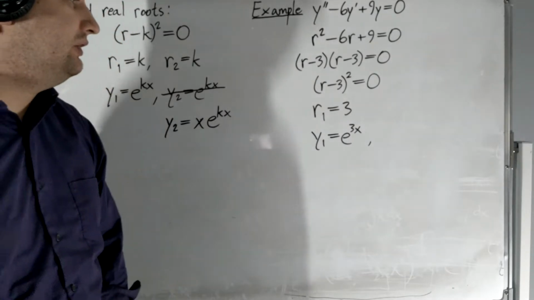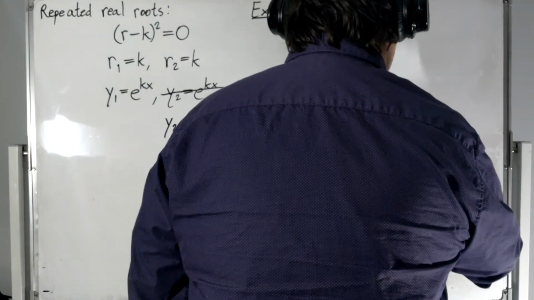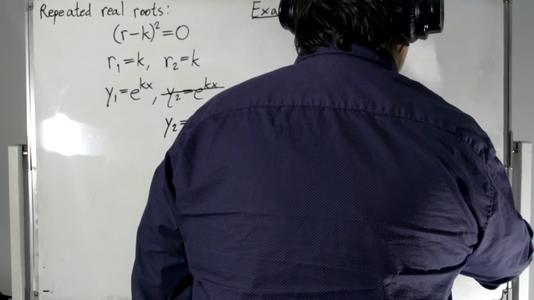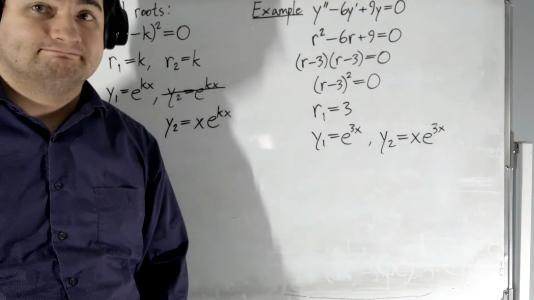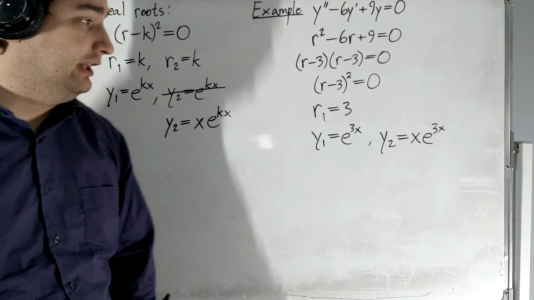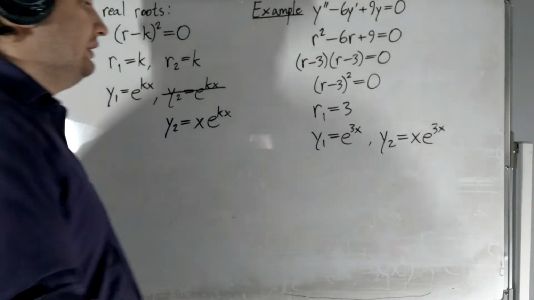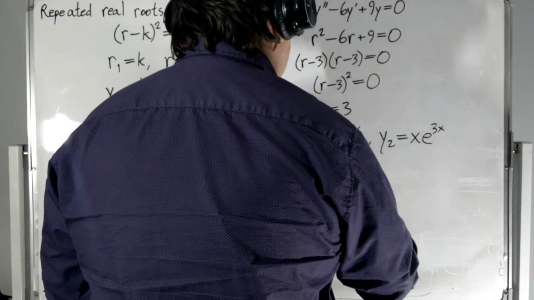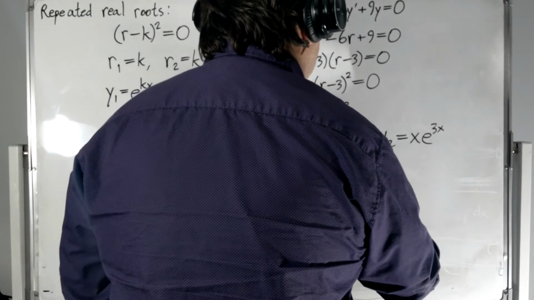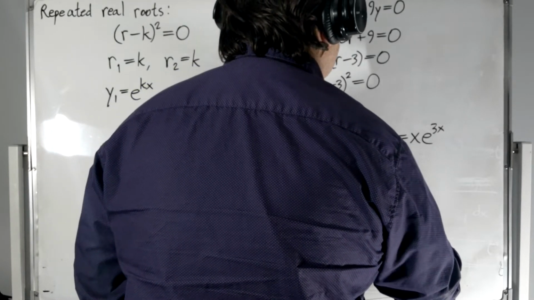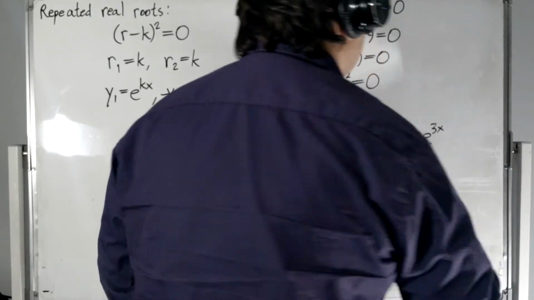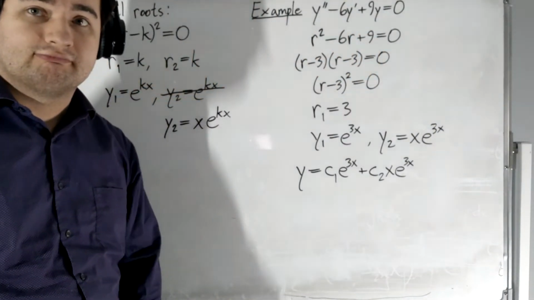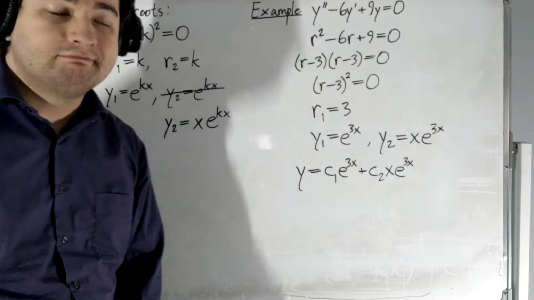So what you do is you just make it x e to the 3x. And then that does it. The general solution is now all the linear combinations of e to the 3x and x e to the 3x. And that's that. Okay?